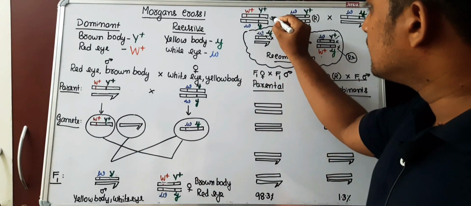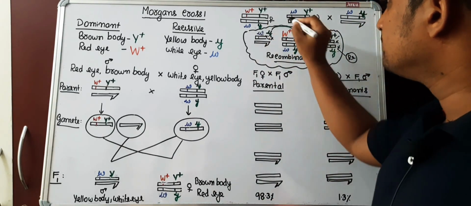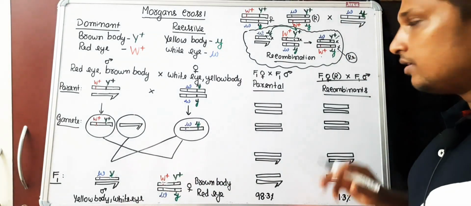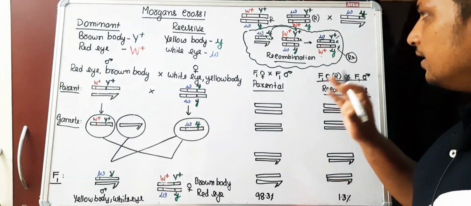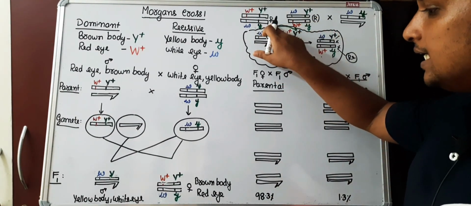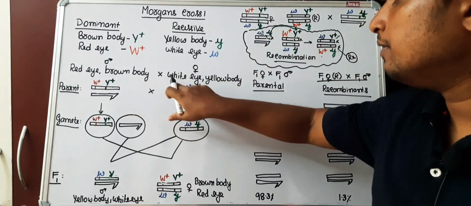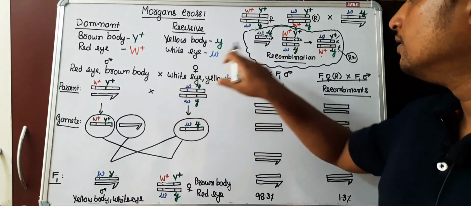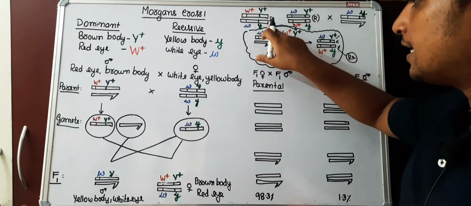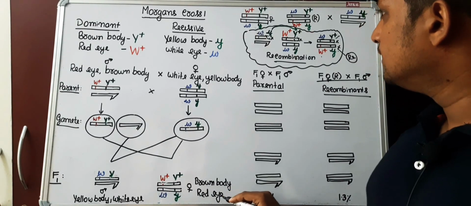The female formed in the first cross, brown body, red eye, is written over here. Then the male, yellow body, white eye. Now what happens is, in the laboratory, two types of females are formed. One is parental type. Parental types are those that resemble the parents we have taken, the wild parent and the recessive parent. So W plus means they are brown bodied, red eyed.